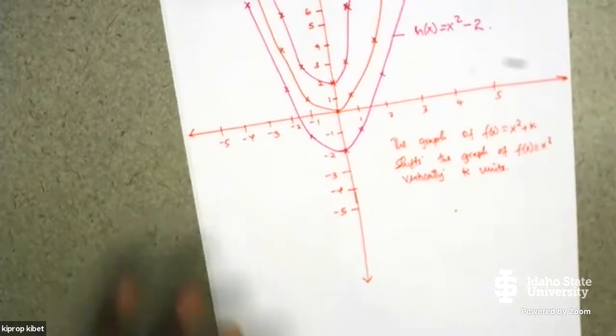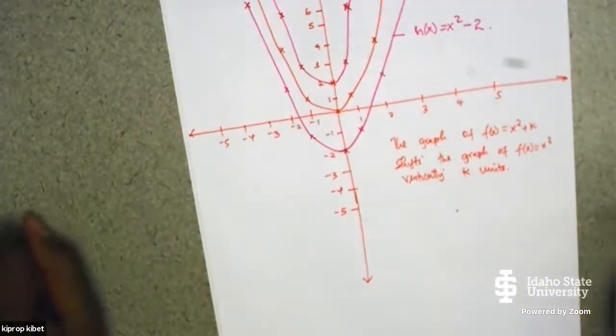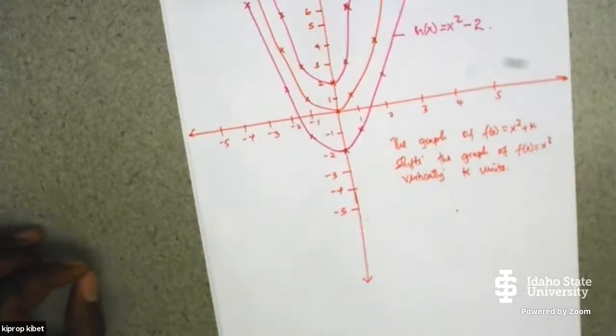The graph of f of x equals x squared plus k shifts the graph of f of x equals x squared vertically k units.